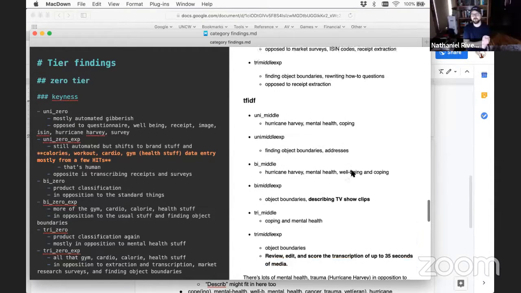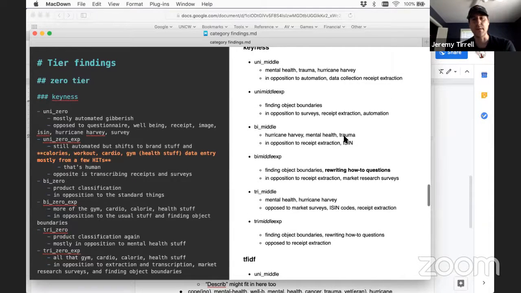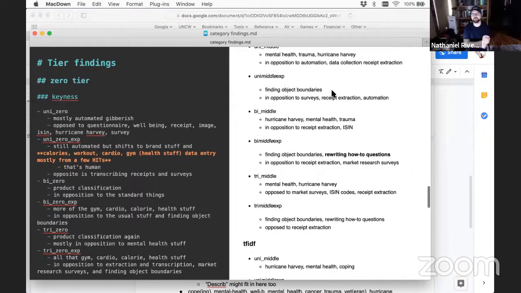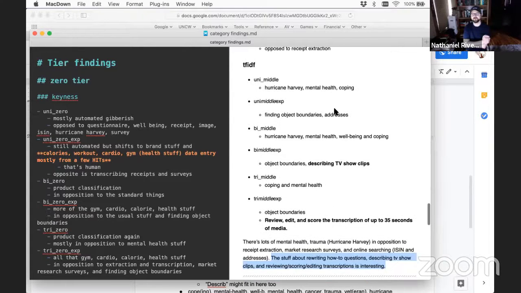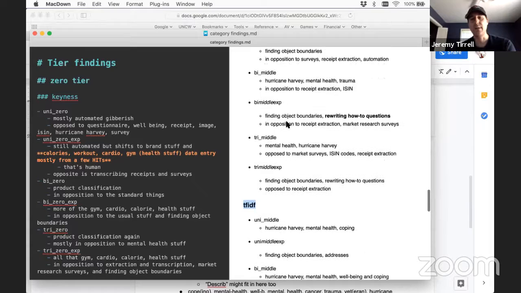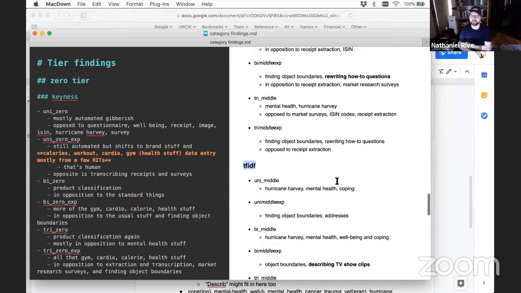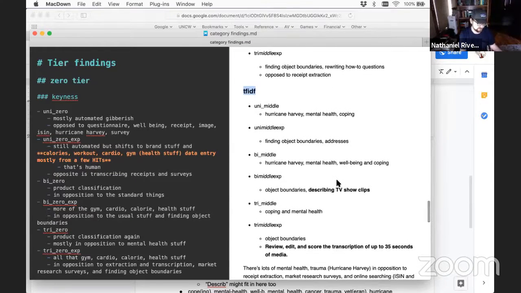Let me see, where did that appear? Scroll down. It was object bound describing. That popped up mostly in Tf-Idf. I don't think it popped up if you're looking at keenness measurements. I've been mostly looking at the keenness ones, and I have not seen that one.